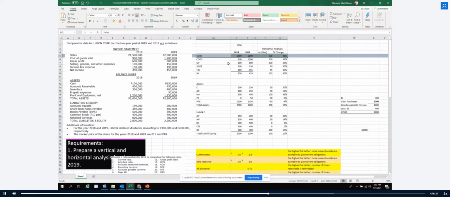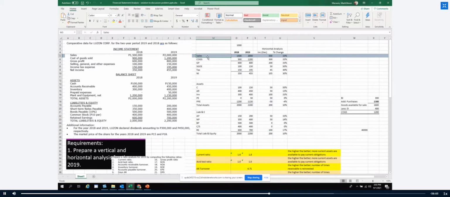So imagine, you have already completed the whole horizontal analysis of your income statement, and you have completed your full horizontal analysis here for your balance sheet, and yet the only question relates to the sales. So make use of your time, especially during examinations.